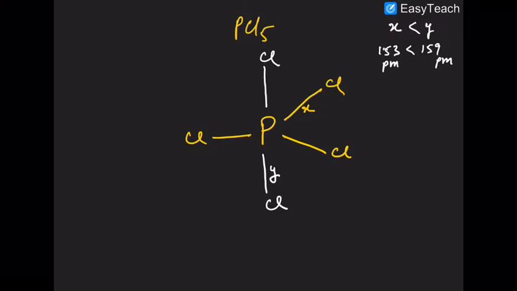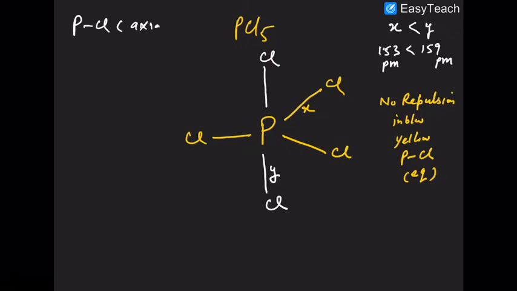Why does it happen? The reason being that there is no repulsion between the yellow bonds. What are the yellow bonds? Yellow bonds are the equatorial bonds. I have written EQ, equatorial bonds. But the white PCl bond, that is the axial bond. So what happens?